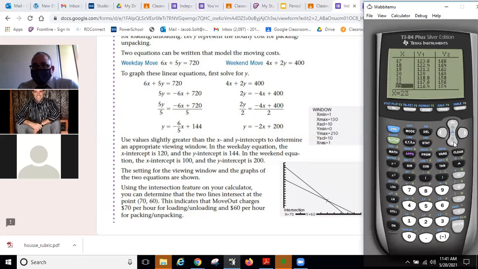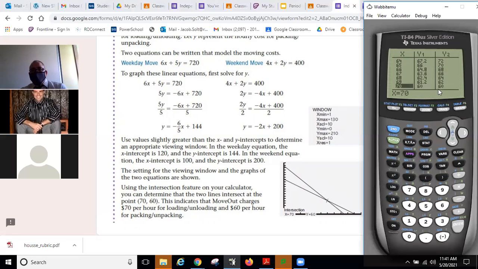And I'm noticing they're both going down, but eventually they should meet somewhere. I know it should be around 70, right? Because I already figured that out at the intersection. So I'm looking for when, oh, see how they're getting closer? 68, they're getting closer to each other. 69, closer still.